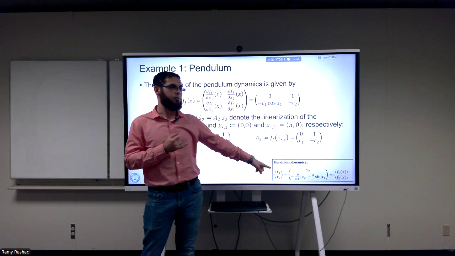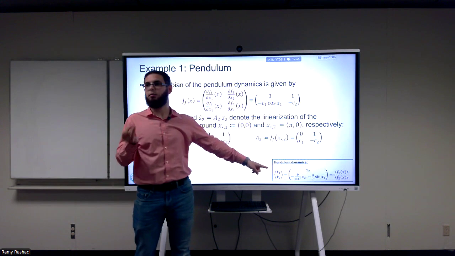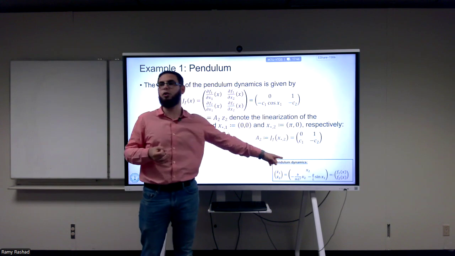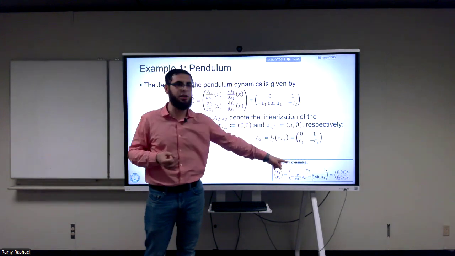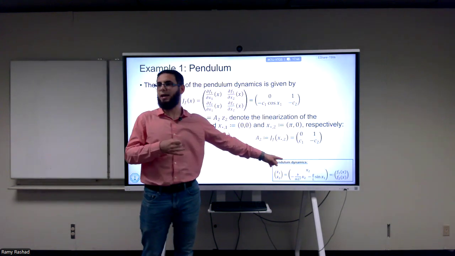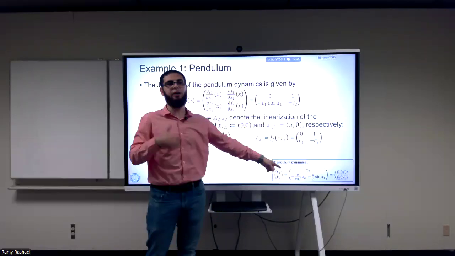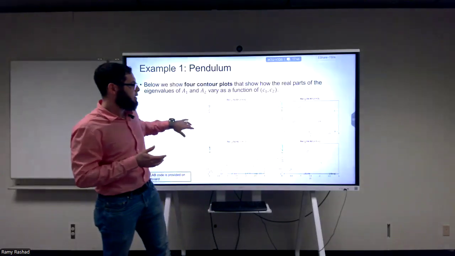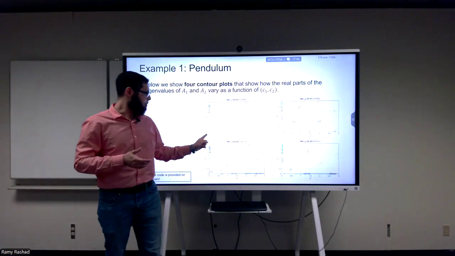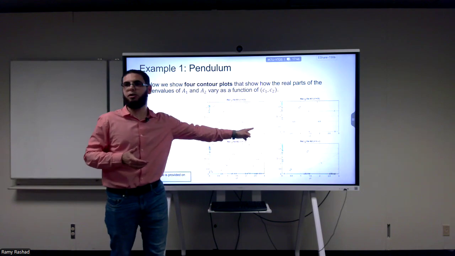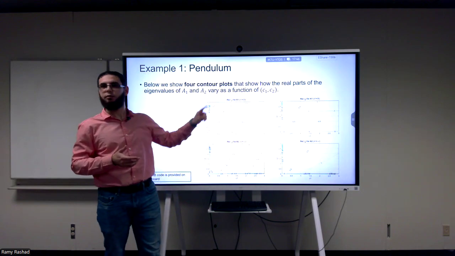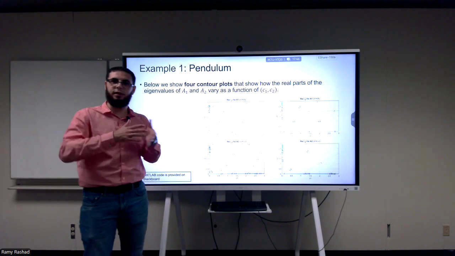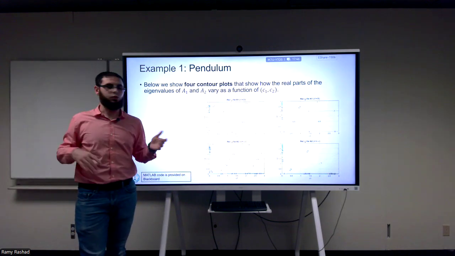What about the mass? Always positive. L squared, always positive. So in the end, C2 is always a positive number. What about the G? Positive number. What about the L? Positive number. So G over L is always a positive number. That's why in this plot, we're only plotting C1 to be positive and C2 to be positive. So this is a very nice way that you can check for all values at once.